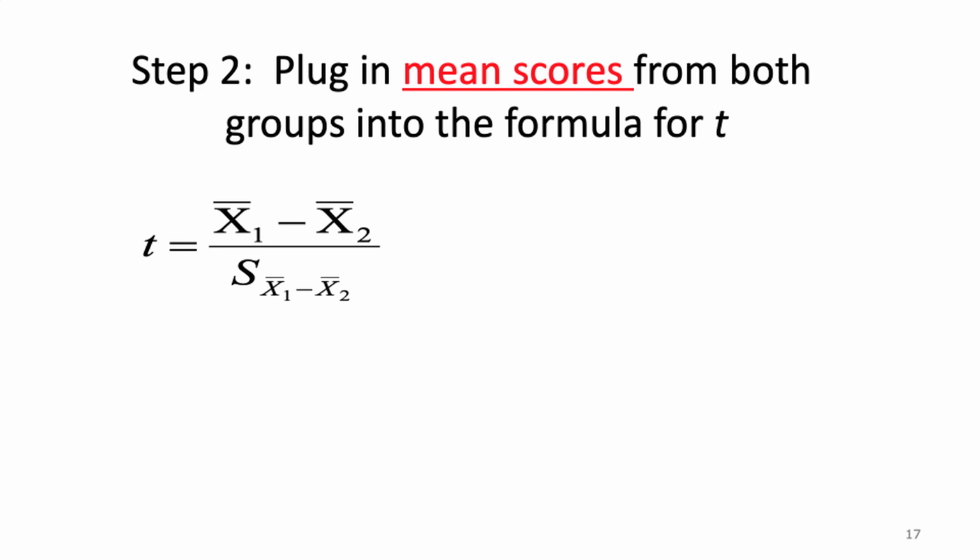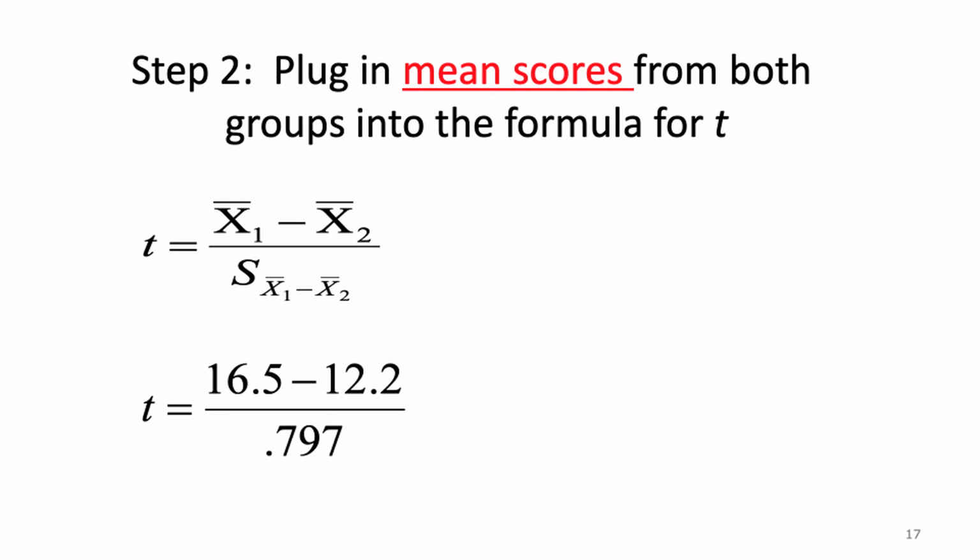Now we're going to plug these scores into this formula. Remember, 0.797 will go in the denominator, and the means go in the numerator. Yes, and the mean scores, x bar sub 1 is 16.5 minus x bar sub 2, 12.2.